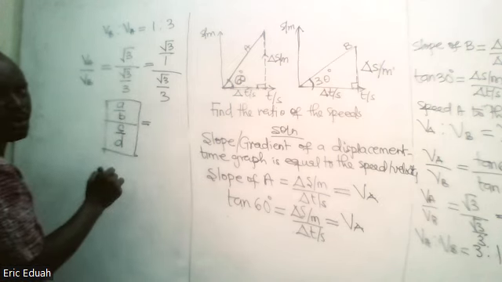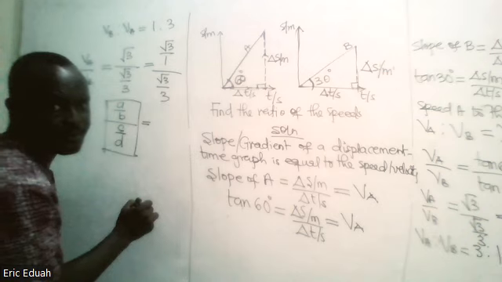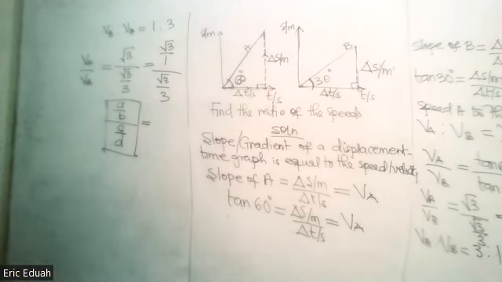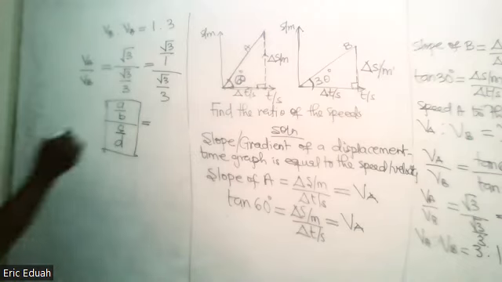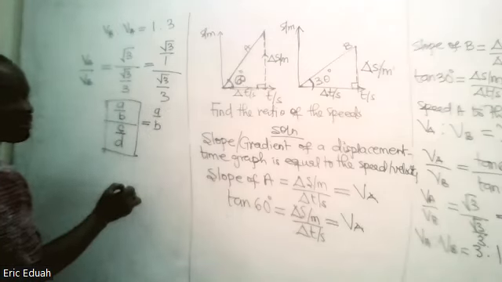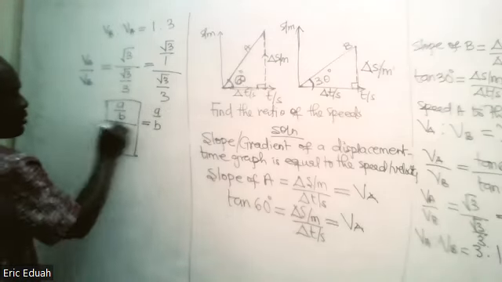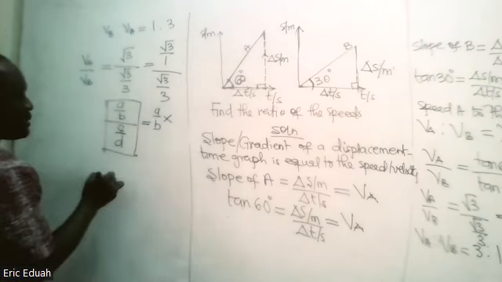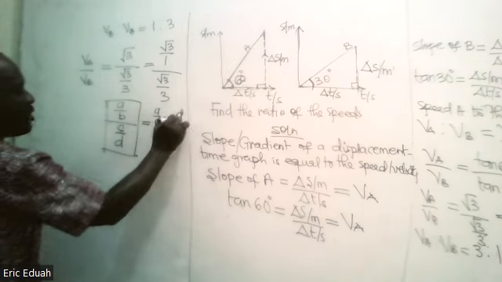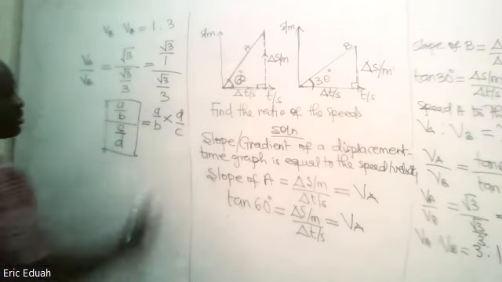You maintain the first fraction A on B, you change the division bar into the symbol times, and you reciprocate the D on C. Good one.